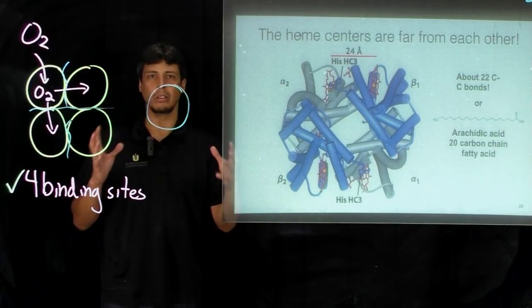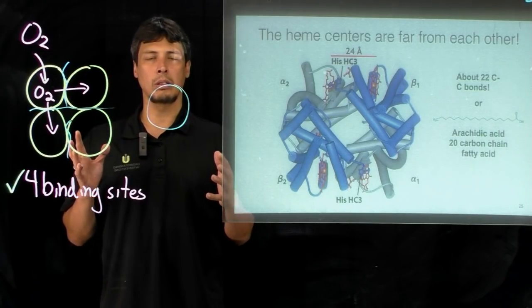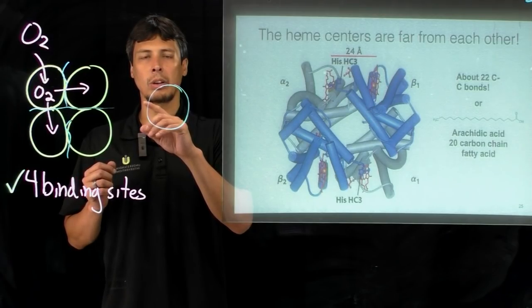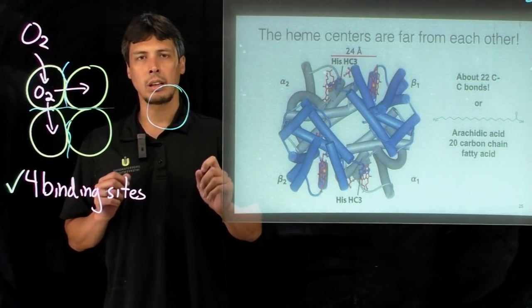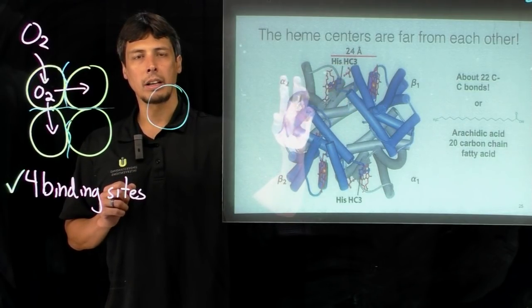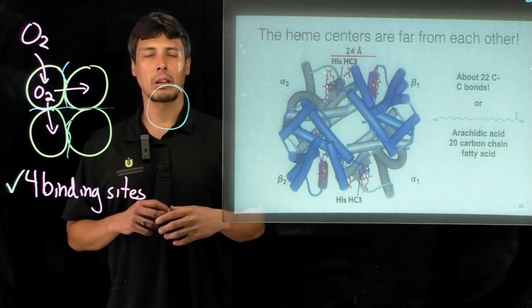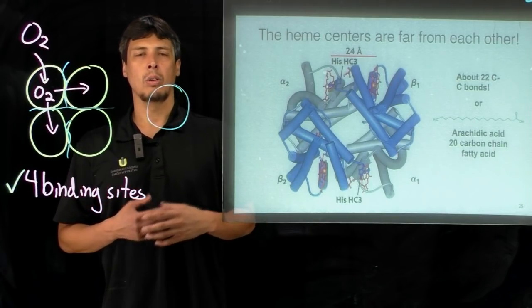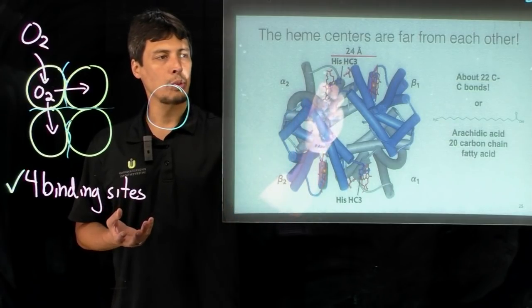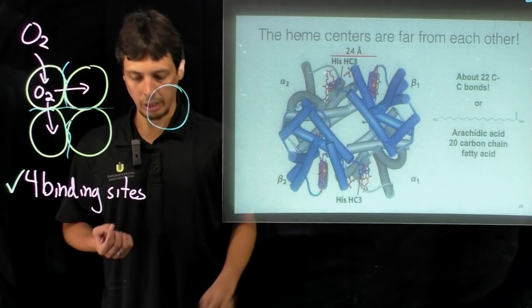So these are a really long way apart from each other, and the hemes don't interact with each other directly. Instead, the interaction is through the peptide backbone via side groups, such as ones that form hydrogen bonds or form other intermolecular forces that allow for this communication through the peptide bonds and then to the other ligand binding sites.